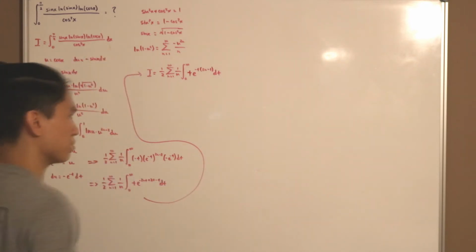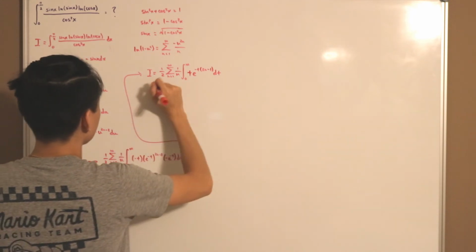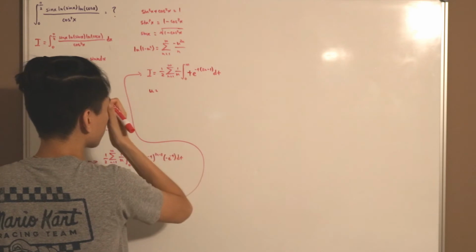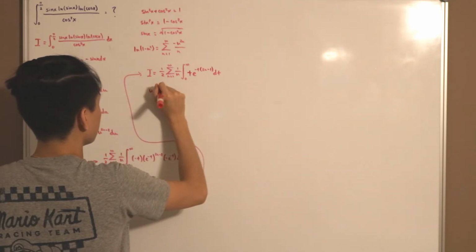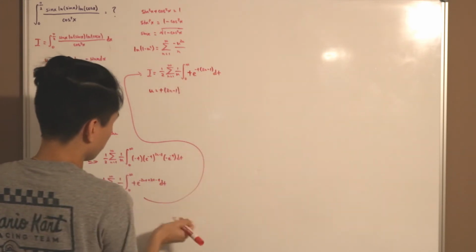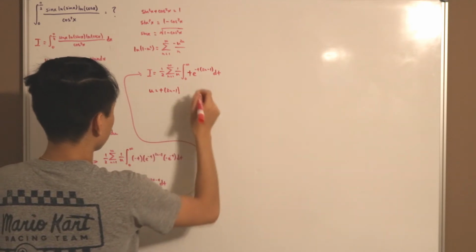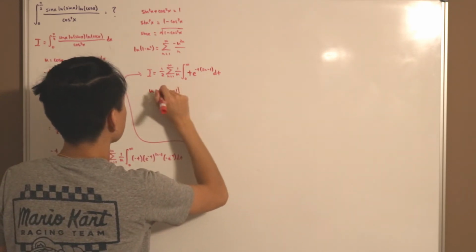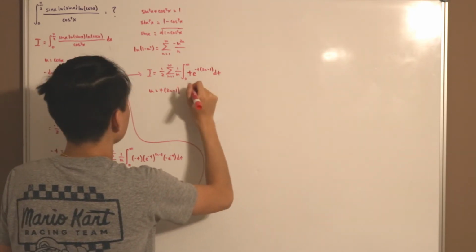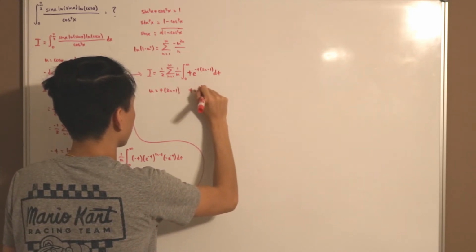And guess what? We're going to be doing another substitution for the third time. This time we're going to let u equal t times 2n minus 1. Because we also need to replace t in terms of u, when we solve for t, we have that t is equal to u divided by 2n minus 1.